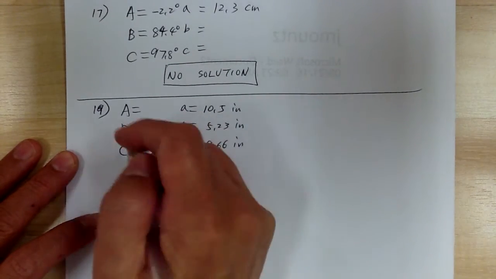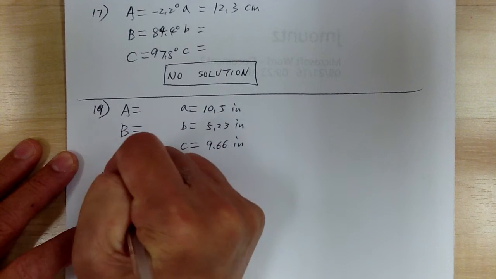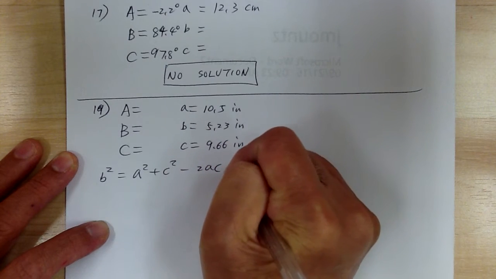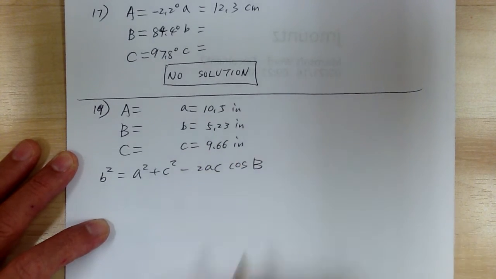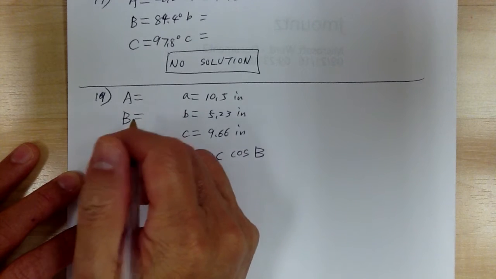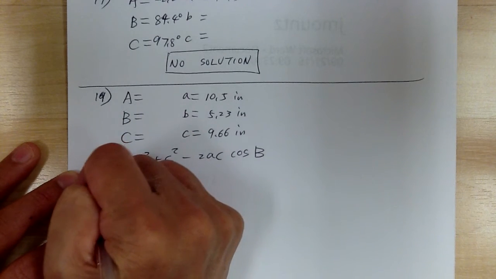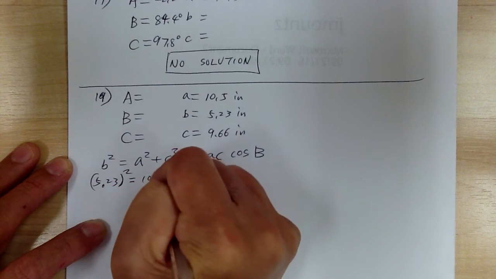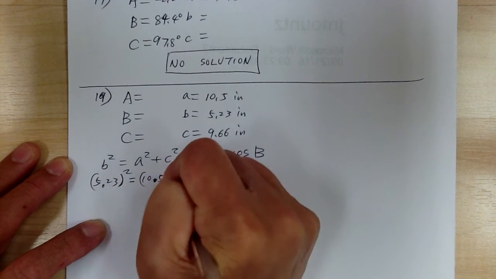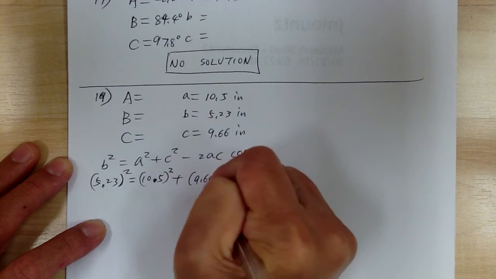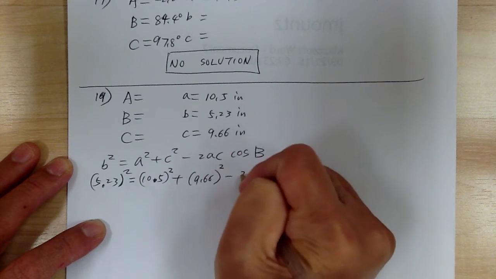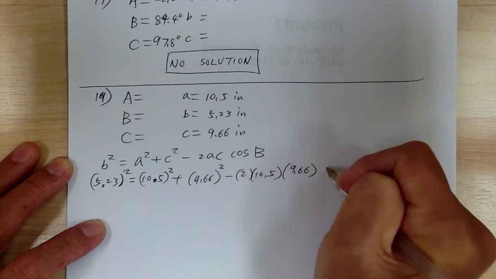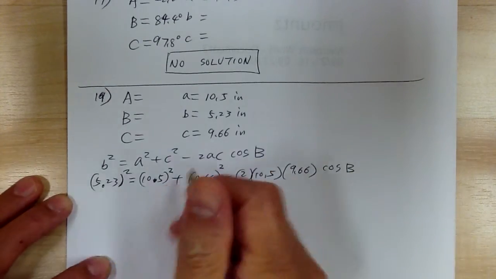So let's go and get the angle B. So use the B equation. So b squared equal to a squared plus c squared minus 2ac cosine of B. So substitute all the numbers in there. You got 5.23 squared equal to 10.5 squared plus 9.66 squared minus 2 times 10.5 times 9.66 cosine of B. So you work it out.